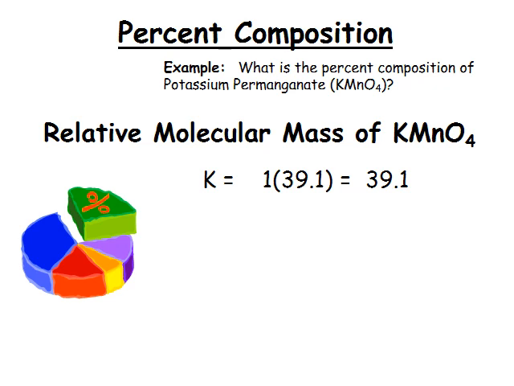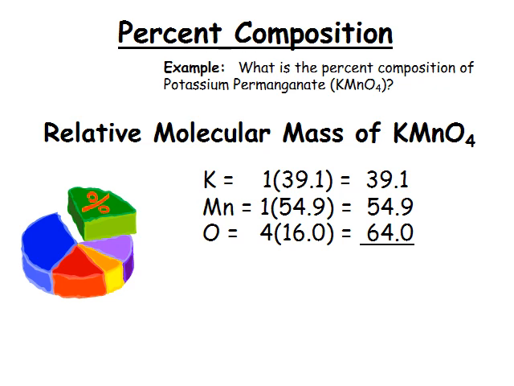Potassium has an atomic mass of 39.1. You have one of them, so 39.1. Manganese has an atomic mass of 54.9. Oxygen has an atomic mass of 16. We have 4 of them, so you must multiply it by 4. That gives 64. So the total relative molecular mass is 158 when you add these numbers together.